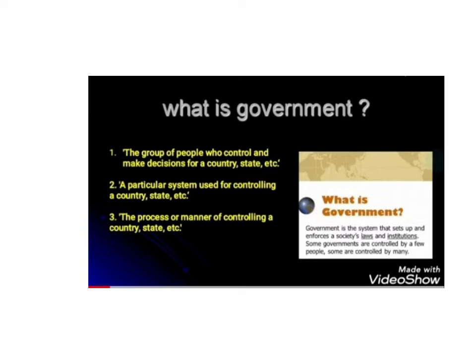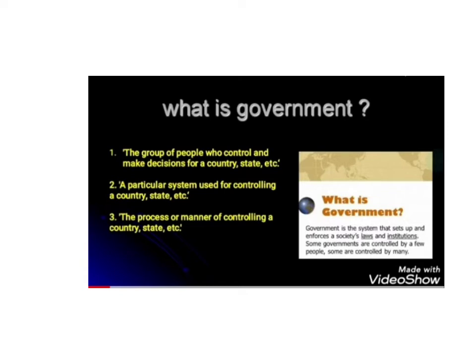It's a particular system used for controlling a country or a state. Government is nothing but a particular system which controls the whole country, which controls a state. How does it control? It makes laws, it makes policies, it gives better opportunities to the public, and from the public we perform duties towards the government.